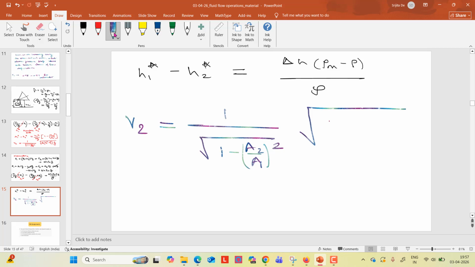So it will be 2 delta H rho m minus rho into G by rho.